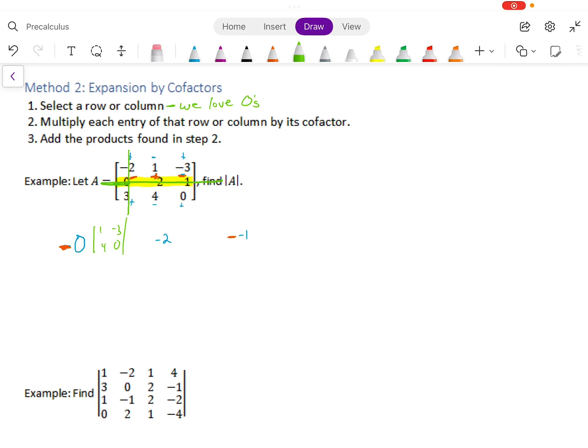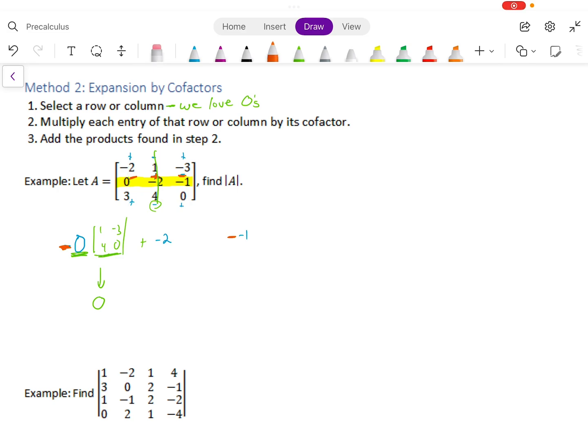This part has nothing to do with these little plus and minus signs. Now, I didn't even need to write that because 0 times anything is 0. So that's going to be a 0. And then we are going to add this next one. We have -2, which is hard to see because I crossed it out, times its minor.